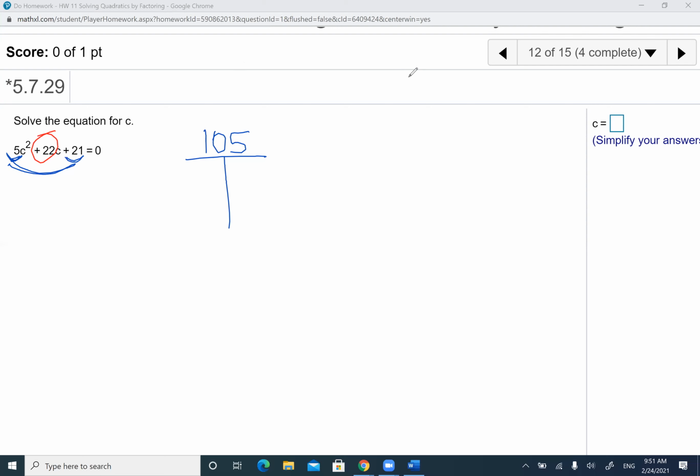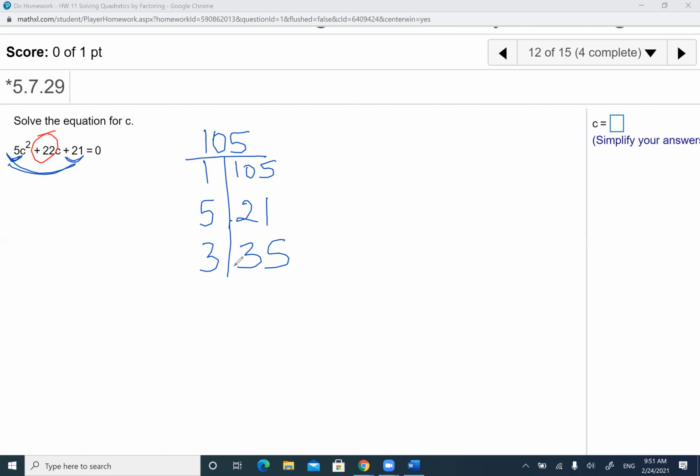So what are the factors of 105? 1 and 105, right? 1 times 105 is 105. This is divisible by 5, so it's going to be 5 and 21. What else? You can divide by 3 also. I'm sorry, I missed the 3. 105 divided by 3 is 35.